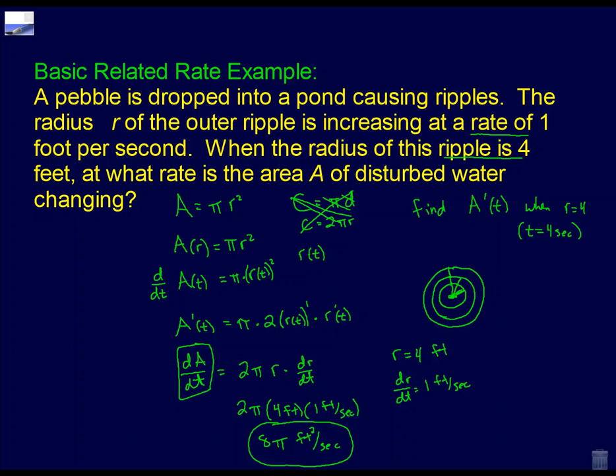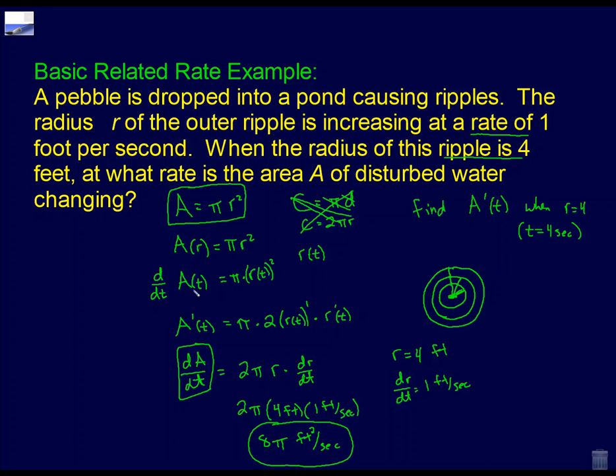Okay, so just to summarize, we're studying the rate of change of the area of a circle with respect to time, but it has to do with the rate of change of the radius. So I started with an equation that involved the area of the circle and the radius of the circle. I understand that the area and the radius are both functions of time, so my derivatives are with respect to time, and that means that I use the chain rule, especially on the right-hand side.